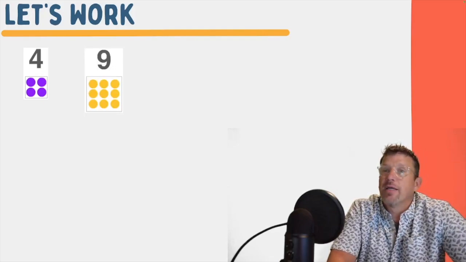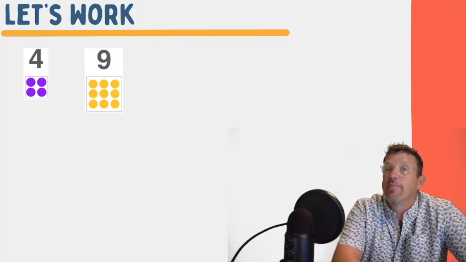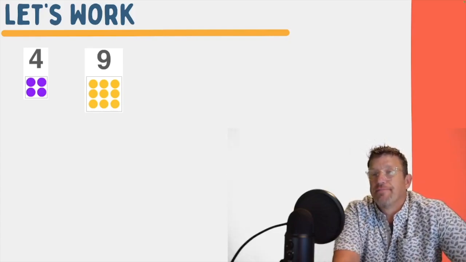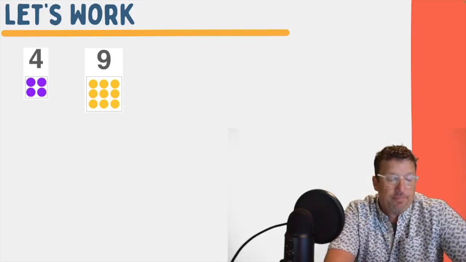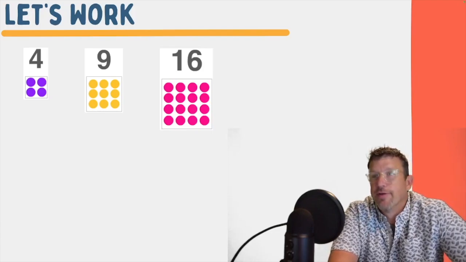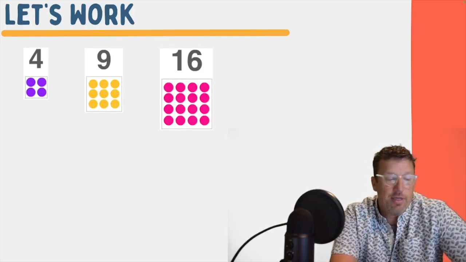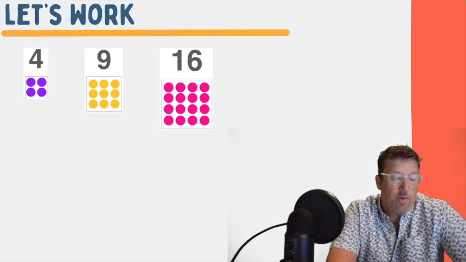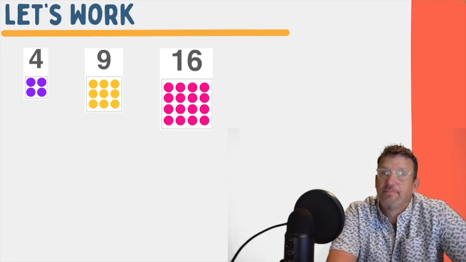And we can continue that pattern. If we continue, what is that going to be? That's 9. That's a perfect square because we used a whole number, which was 3. 3 times 3 gave us 9. You guessed it, 4 times 4 gives you 16, because we're 4 high and 4 wide. We multiplied the same number by itself each time. What's the next one?